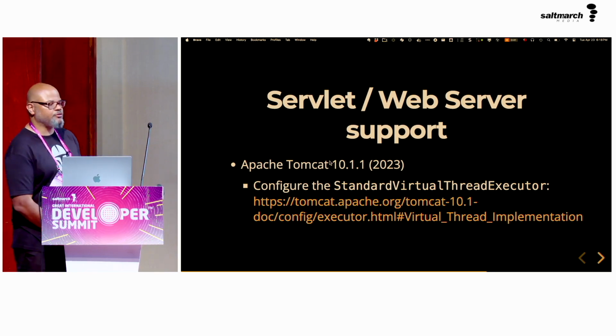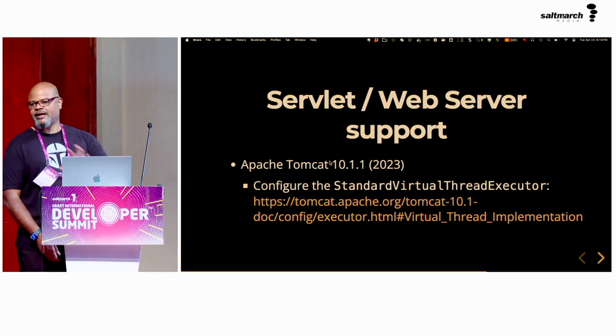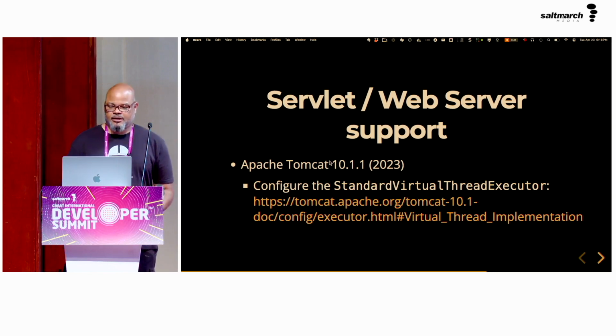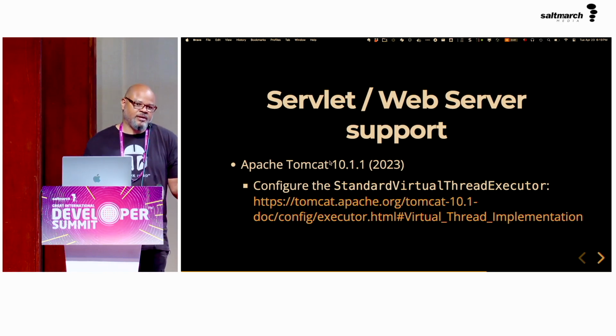And this is something you would do if you're using Tomcat by itself. If you're using Spring Boot, there's a different way to do it. And you notice this is really the only thing. What this does is it makes sure that every time you have a request coming into your servlet, it will get a virtual thread, right? Which is essentially the main thing, right?